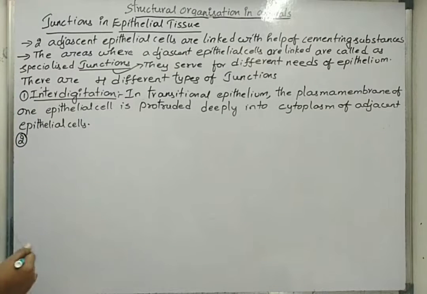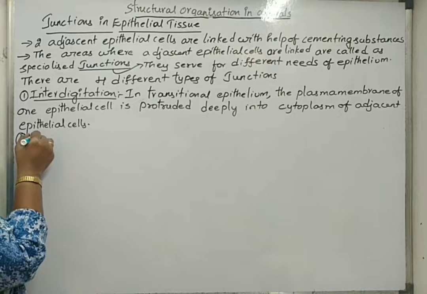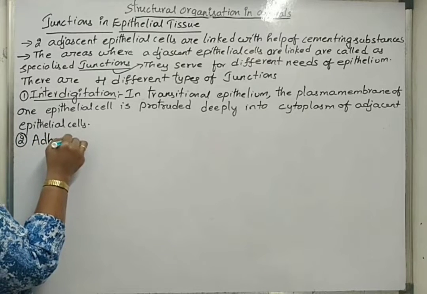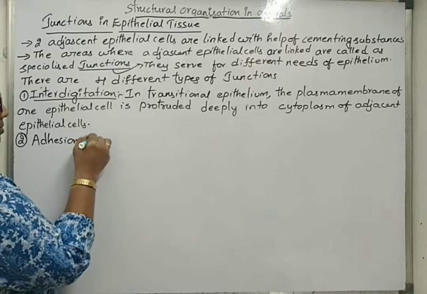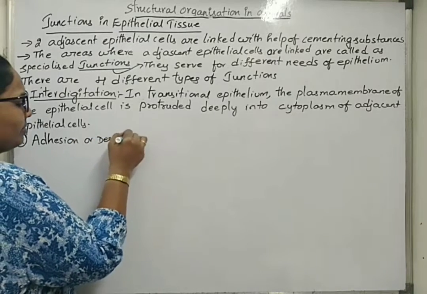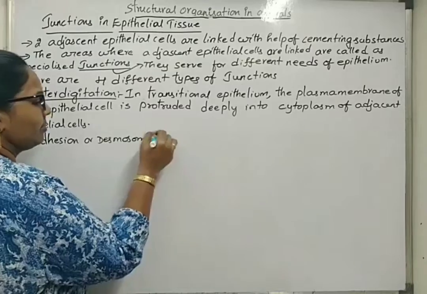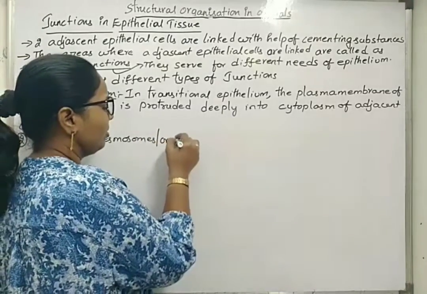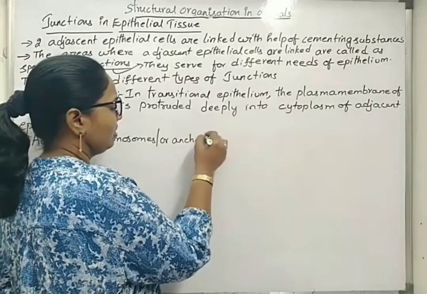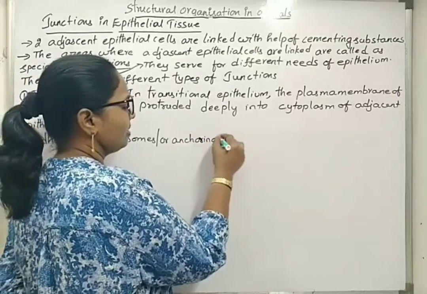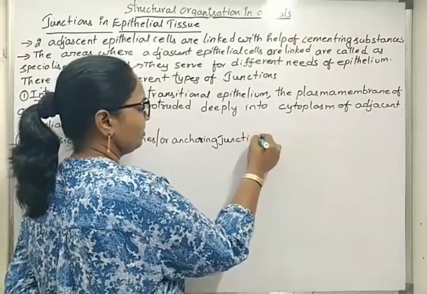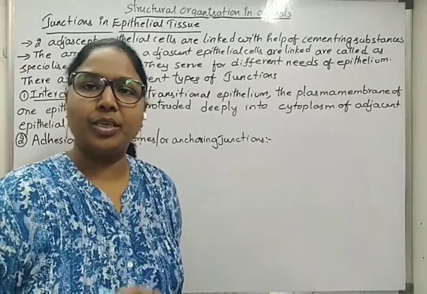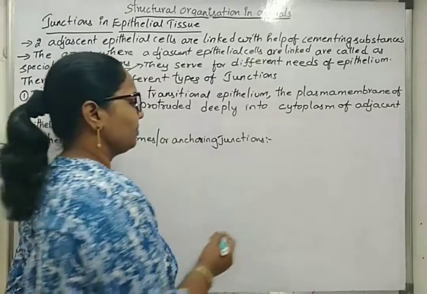Second one, adhesions or desmosomes. These are also given other terms like anchoring junctions. These are mainly used to give mechanical support to the epithelial layer.